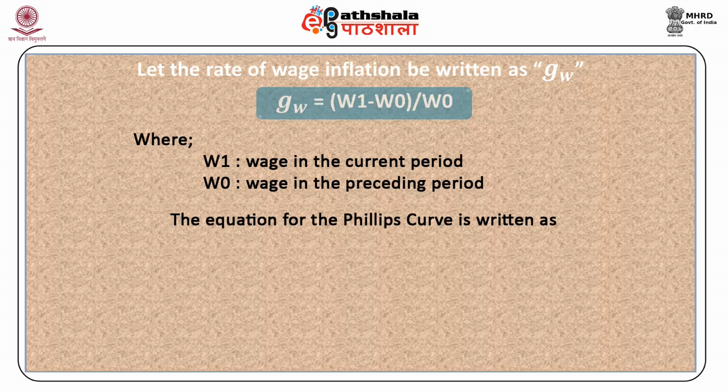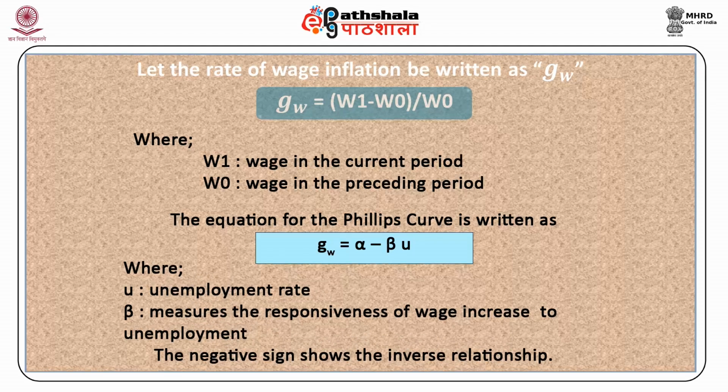Then the equation for the Phillips curve could be written as GW = alpha minus beta mu, where mu is the unemployment rate and beta measures the responsiveness of wage increases to unemployment. The negative sign shows the inverse relationship. As unemployment increases, the rate of wage inflation falls as workers have less bargaining power. Conversely, if unemployment falls, the rate of wage inflation rises.